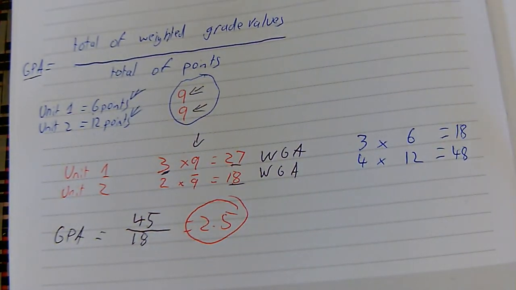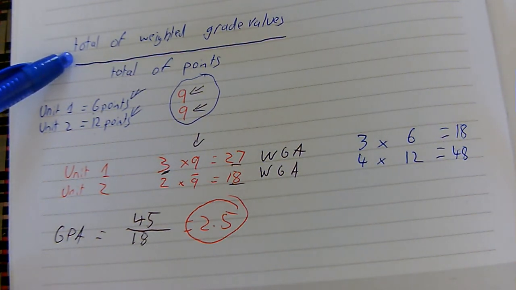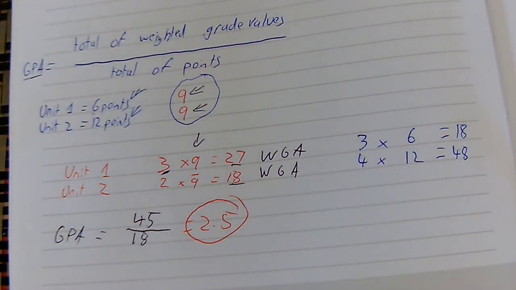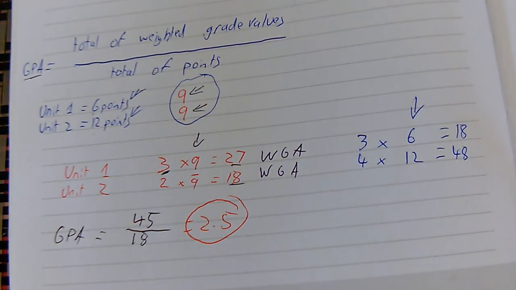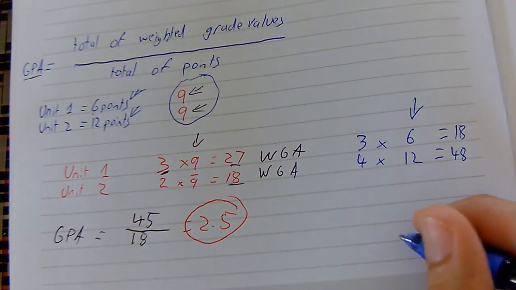Now we're going to follow that same formula that we've got at the top. The total of weighted grade values divided by the total of points. The total number of points is in that column there, 6 plus 12, so that is 18.